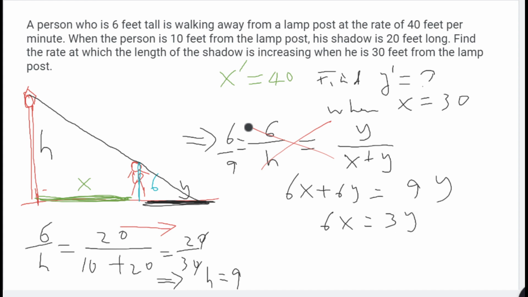We differentiate now, or we can divide by 3 and then differentiate. Either way, it doesn't matter. So let's differentiate this. 6x prime equal to 3y prime. And we can cross out 3, so there's 2. And then plug in x prime 40 to get y prime equal to 80. So that's the answer.